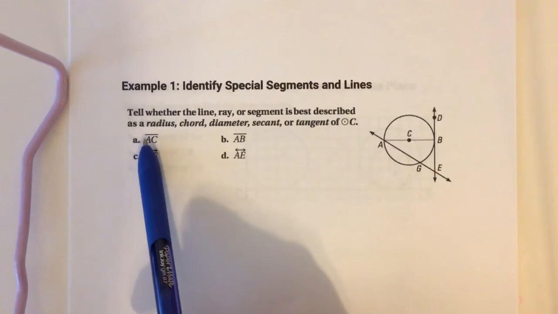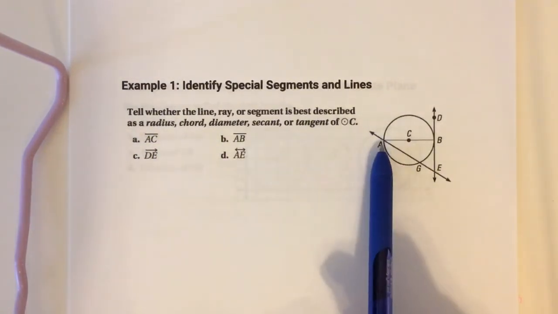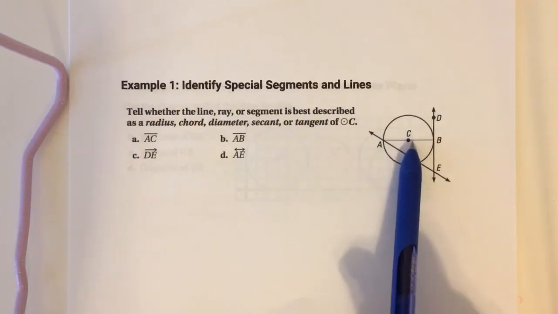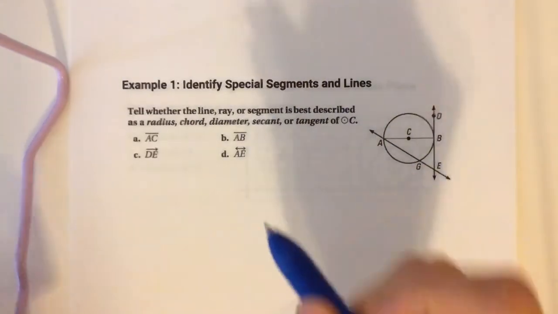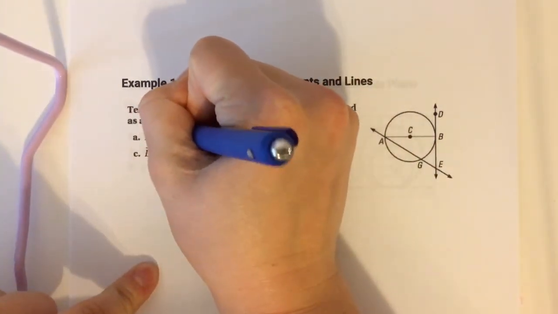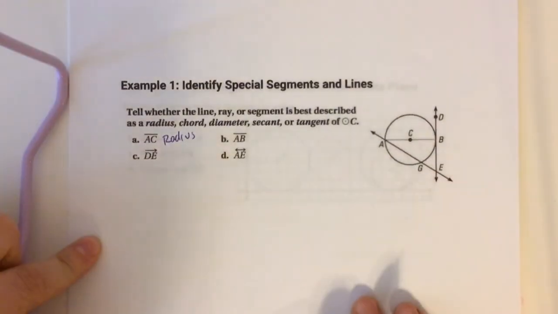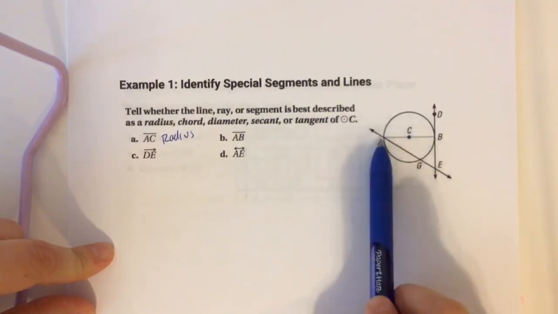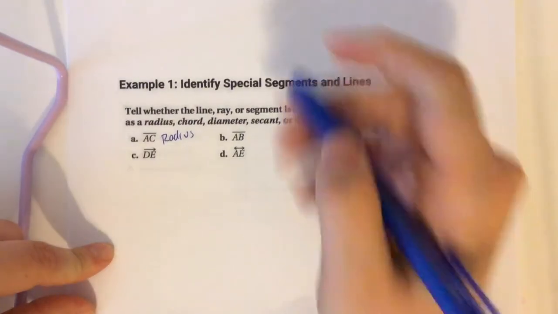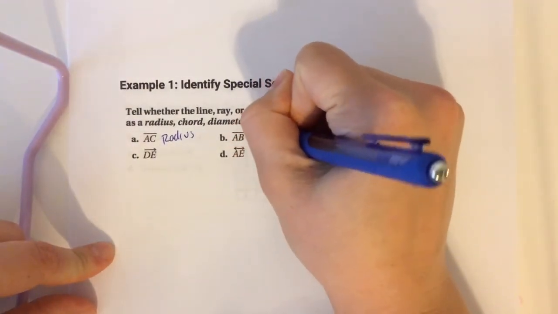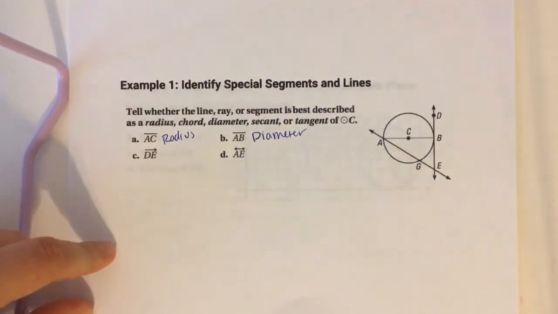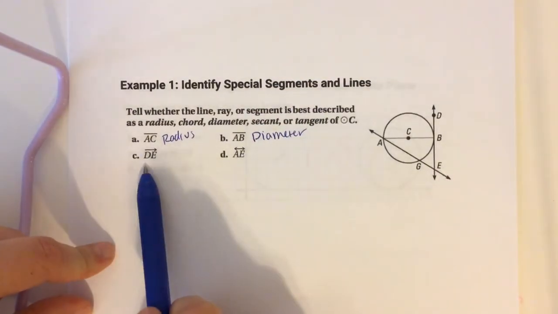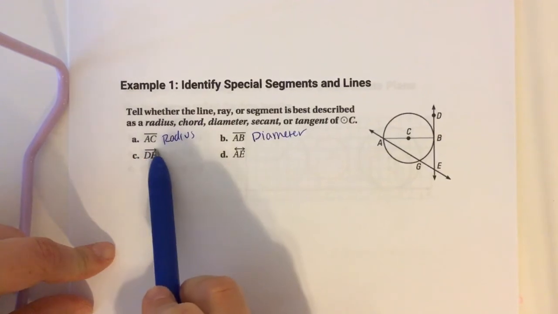I know it's a segment because it doesn't have arrows in our little notation here. So segment AC, well, that's going from the center to the edge of the circle, so that's going to be a radius. Segment AB connects 2 points on the edge of the circle through the center, so that's going to be our diameter. Ray DE, I know it's a ray because it only has one arrow.